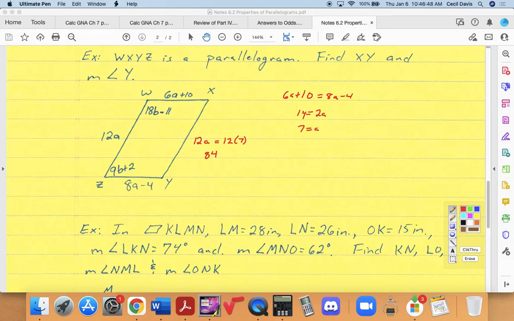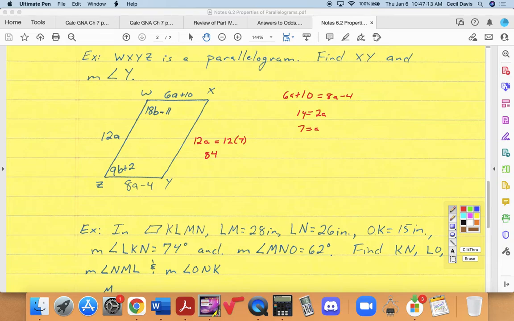Anytime in a parallelogram, all the sides will be, not all the sides will be equal. Which sides? What's the word? Are they next to each other? No. Across from each other. Almost. Words are hard, I understand.